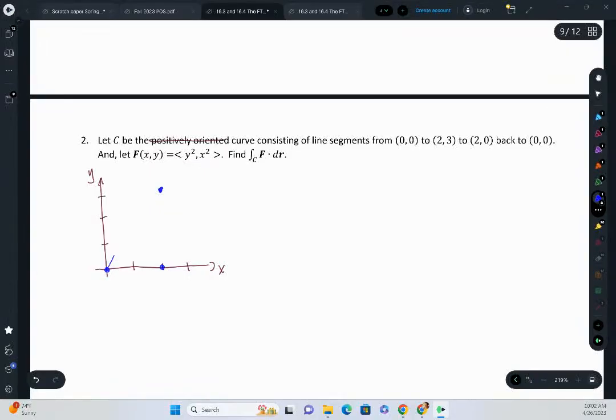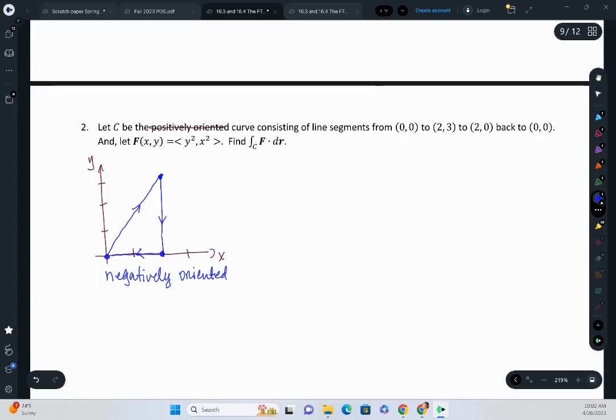So we're going 0, 0 to 2, 3, down to 2, 0, and then back over to 0, 0. This is negatively oriented, because it has a clockwise rotation.